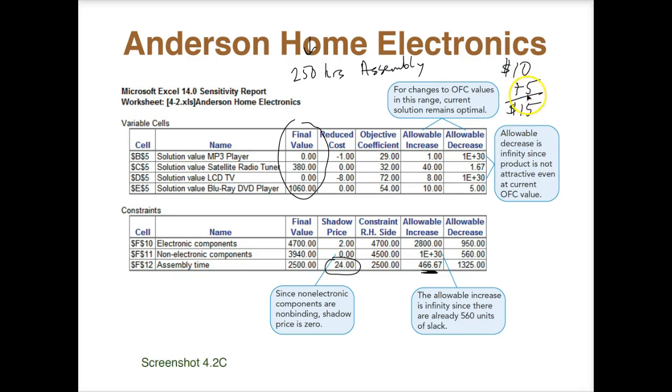Now, of course, that extra $5 is taking away from our profit directly. So for each unit of assembly time we add on, we're going to have $24 in profit minus an additional $15 taken away from us because we're having to pay our workers time and a half. Okay, so effectively, what that comes out to be is a net gain of $9 an hour in profit by doing it.